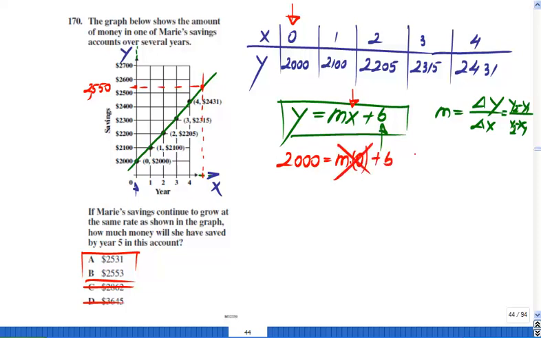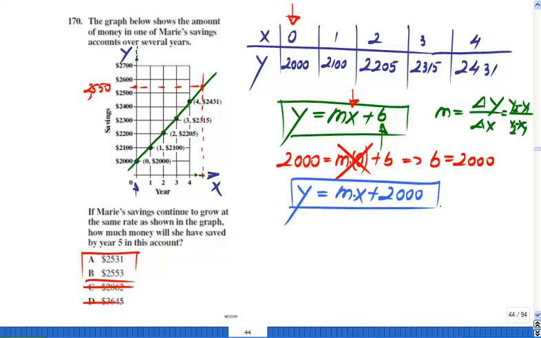So what is my b? B equals 2,000. Which says that my equation is of this form: mx, slope times x, plus 2,000. How about finding the slope? If I can find the slope, I will be done, right?